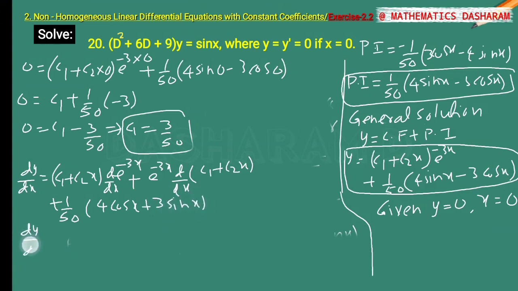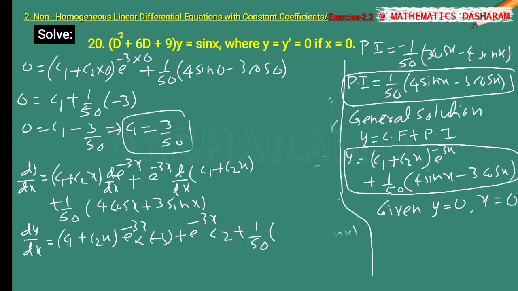So dy by dx equals c1 plus c2 into x, derivative of e to the power of minus 3x is e to the power of minus 3x into minus 3, plus e to the power of minus 3x into derivative of c1 plus c2x, which is c2, since c1 is 0 and c2x becomes just c2. Next 1 by 50 bracket of 4 cos x plus 3 sin x.